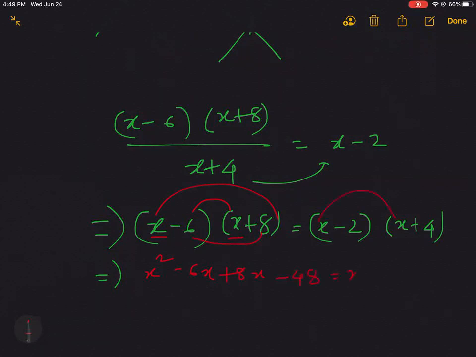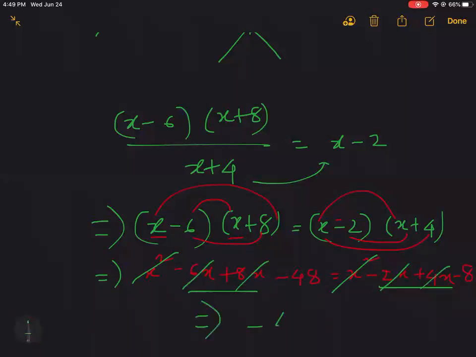And x squared minus 2x plus 4x minus 8. So x squared cancels. This will be positive 2x, this will be positive 2x, so these cancel each other.